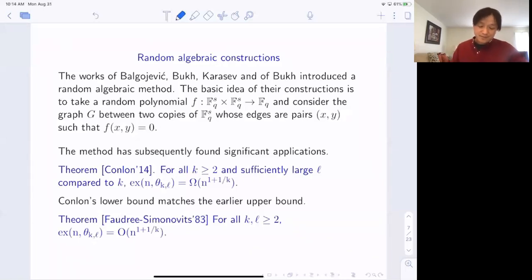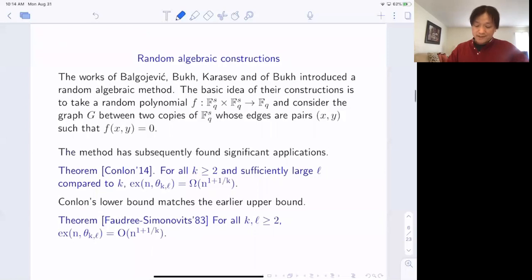significant applications. So first, Conlon used this method to show that for all k at least 2 and sufficiently large L compared to k, the Turán number for theta k,L is lower bounded by n to the 1 plus 1 over k.